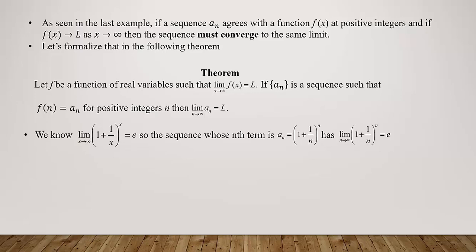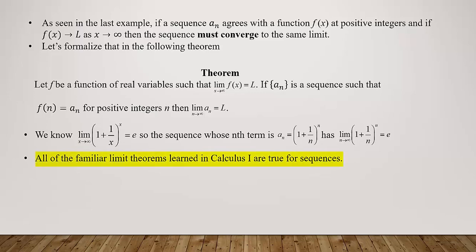It has to have the limit of e, because the sequence and the function of the reals are identical for the positive integers. So since we know the limit for the real variable case, we know the limit for the sequence case.